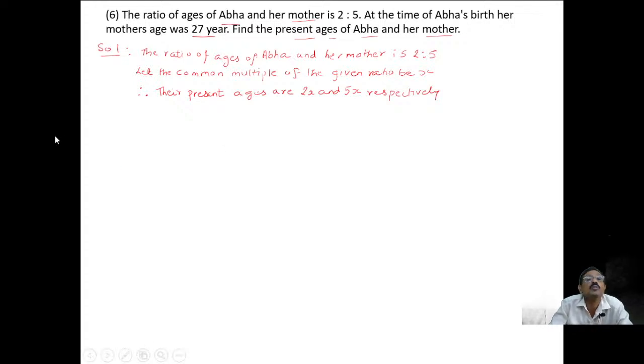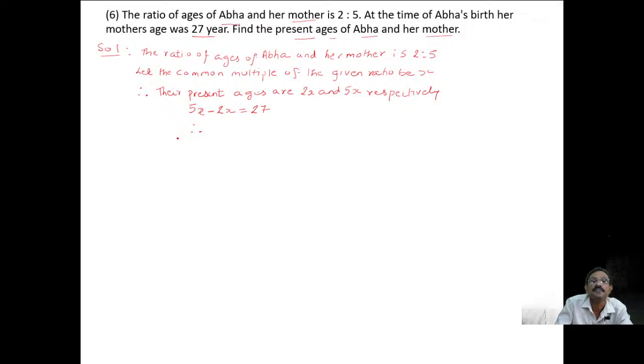Now, what is the given condition in the problem? The ratio of the ages of Abba and mother is 2:5. At the time of Abba's birth, her mother's age was 27 years. That means 5x minus 2x is equal to 27.